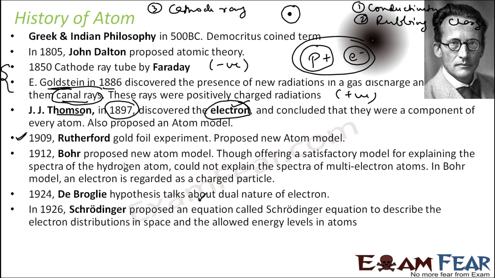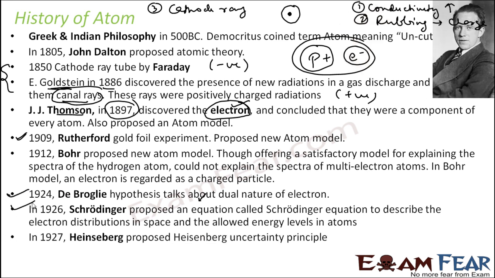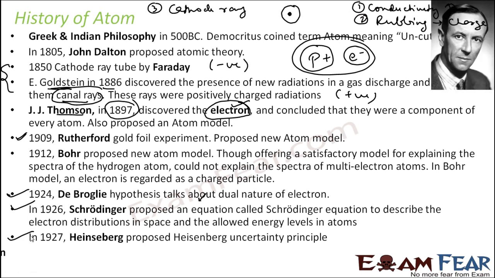We'll not talk about that, but de Broglie and Schrödinger came up with some equations, and Heisenberg also proposed the uncertainty principle, and with that a quantum model of atom was proposed, and then Chadwick found neutron.